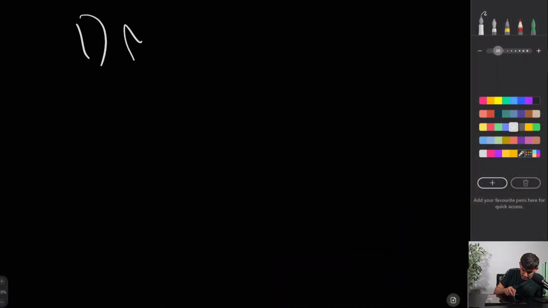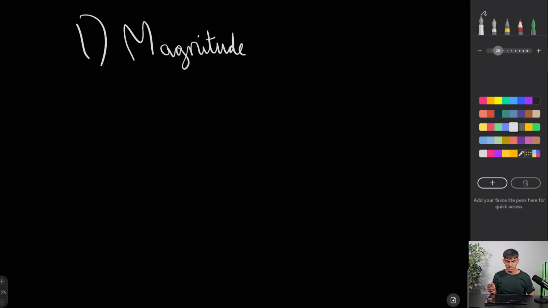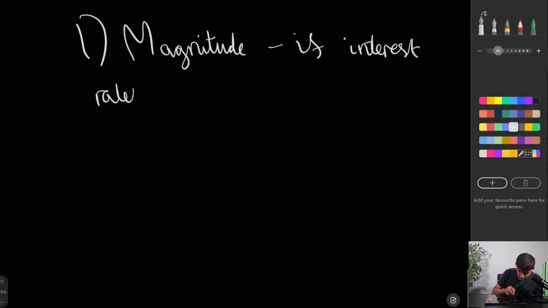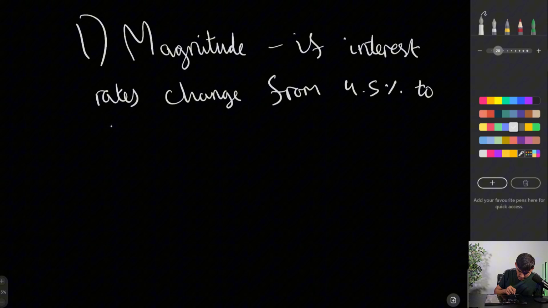Why so? Well, one of the reasons is because of magnitude. Now, what does this mean? This just means that it depends on the magnitude of the interest rate change. If the interest rates change from 4.5% to 4.55%, a 0.05% increase, then taking out loans and stuff, all those habits might not have a huge effect like we expect it to.